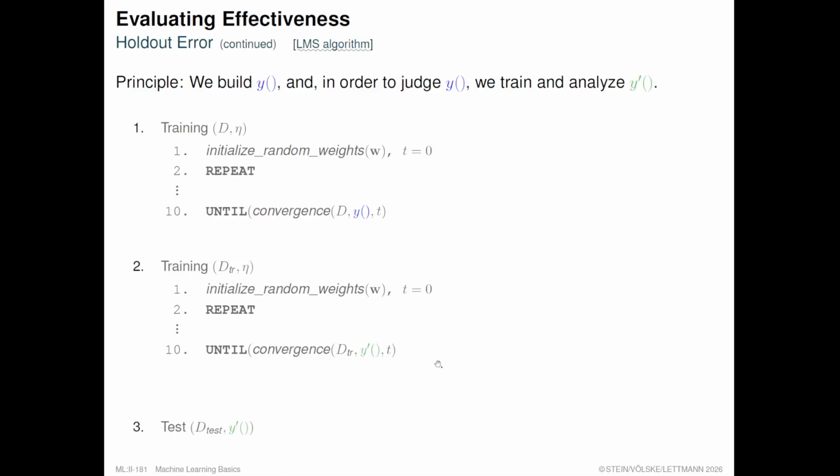And what you would actually report in this formal holdout error algorithm definition is this Y, so the model trained on the whole data set, plus the performance that you observed on the model trained separately on just the training split of the data set.